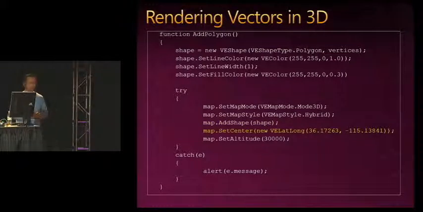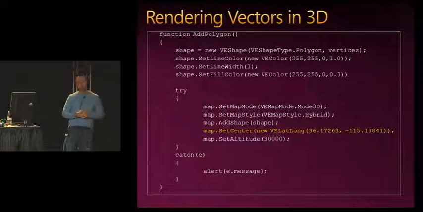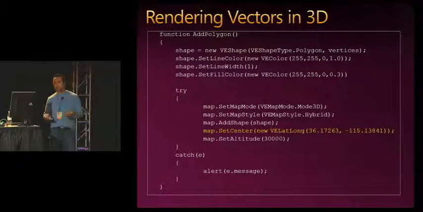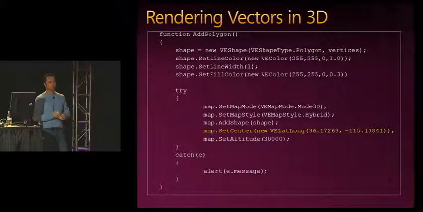Then I'm going to set the center, and I hard-coded this one. The VE lat long is an object that it's just a lat long, right? In order to instantiate a lat long for virtual Earth, you have to have a VE lat long. Okay? Well, typically, when you render a polygon, you want to do a calculation so that the center point renders itself.